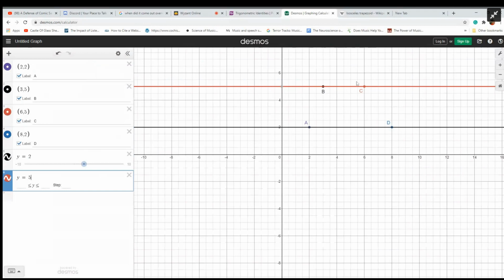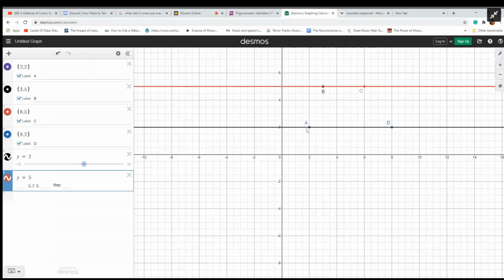You can work it out from the Pythagorean theorem. Since this is 2 away on the x-axis and 3 away on the y-axis, this side length is going to be the square root of 13, whereas this side, which is 1 and then 3, is going to be the square root of 10.